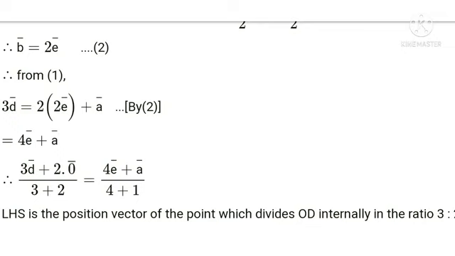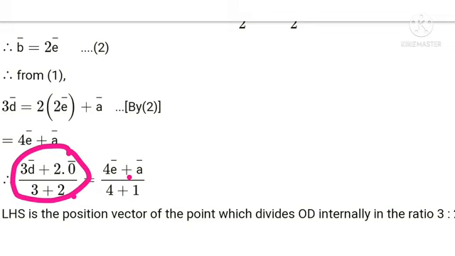Therefore, 3D bar plus 2O bar upon 3 plus 2 is equal to 4E bar plus A bar upon 4 plus 1. What is the LHS implies? LHS implies OD divides internally in the ratio 3 is to 2.